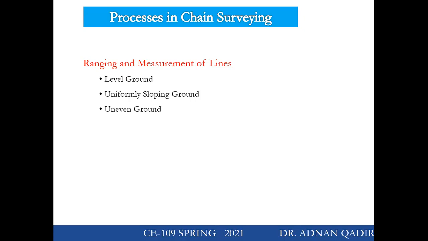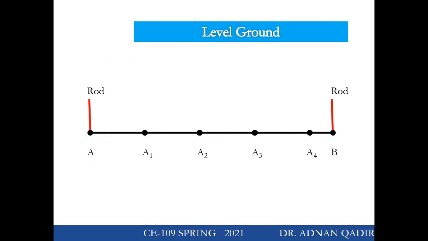How you range and measure the line: the level ground, where there is nothing difficult in ideal condition. Then there's a uniform sloping ground, and last but not least, uneven ground. On a level ground, like I said, I already explained this to you.